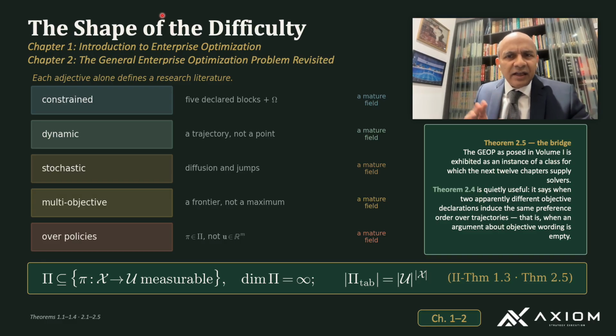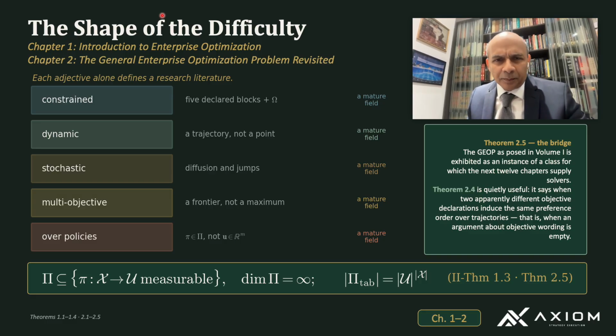When two apparently different objective declarations induce the same preference order over trajectories, Bolza, Meyer, and Lagrange objective forms are mathematically equivalent representations of the same GEOP. So switching among them changes only formulation convenience, not the feasible policies or the optimal solution.